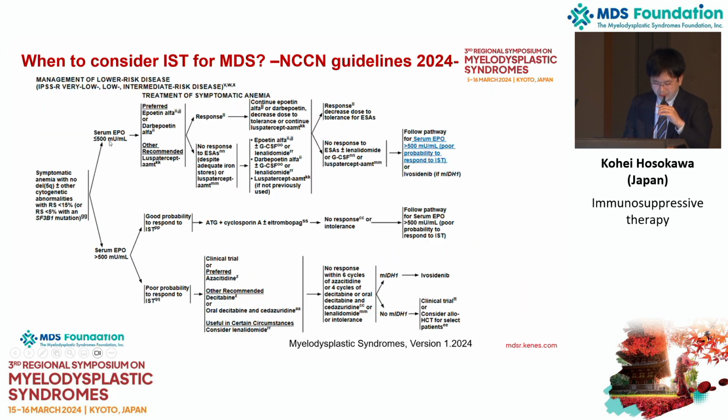If there is symptomatic anemia with no deletion 5q or other cytogenetic abnormality, with lymphocytes less than 50%, and a serum EPO level of more than 500, then we can consider the use of IST, ATG plus cyclosporine with or without eltrombopag, if there is a good probability of response to IST.